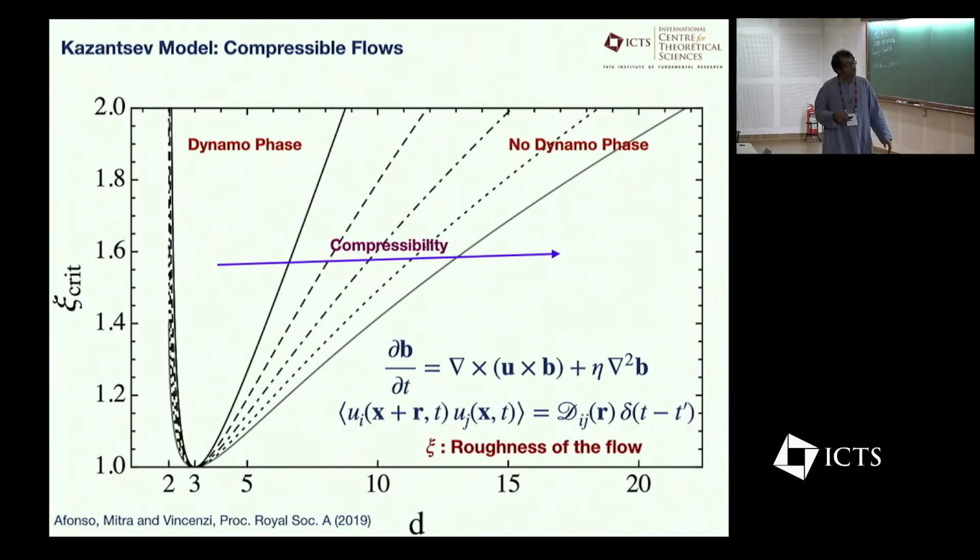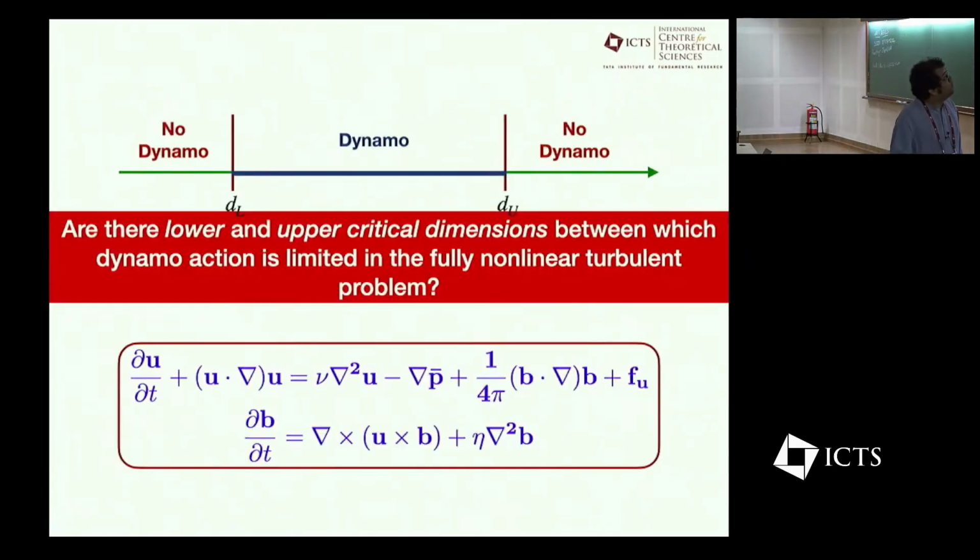But in this largely analytical work, what these people showed is an extended phase diagram that includes compressibility. And as you make things more compressible, closer to the astrophysical context, you again see a dynamo, no-dynamo phase with these phase boundaries.